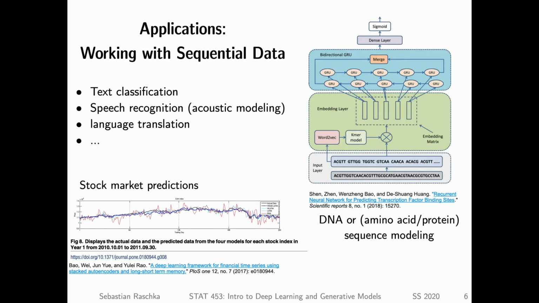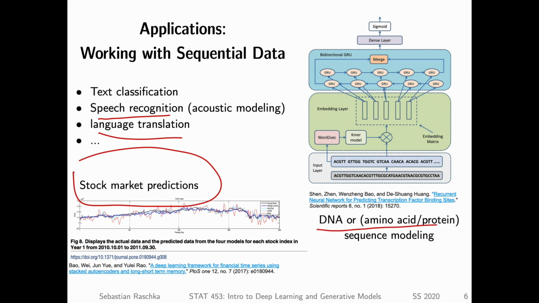Other applications of sequential data may include speech recognition, for example, modeling acoustic data in general, or even songs, audio examples, and music. Language translation, which is a little bit different from text classification, because in language translation we take one sequence and convert it into another sequence. Or stock market predictions. These would also be an example of time series data where we have observations for certain timestamps.